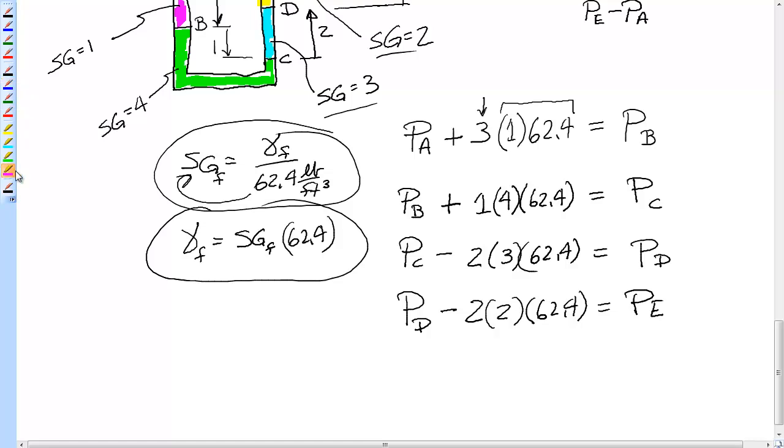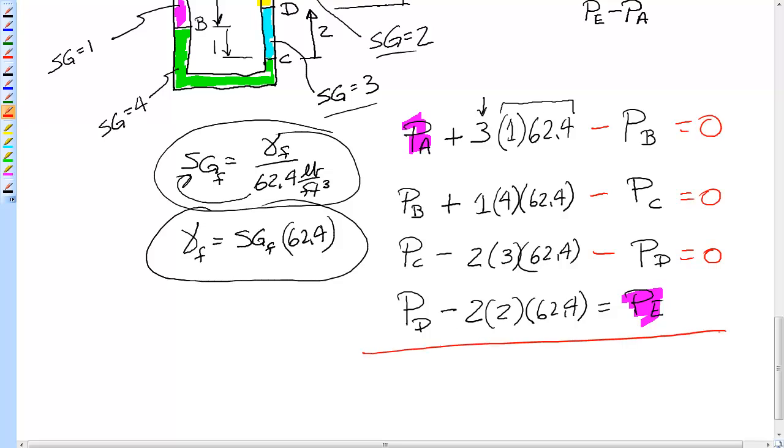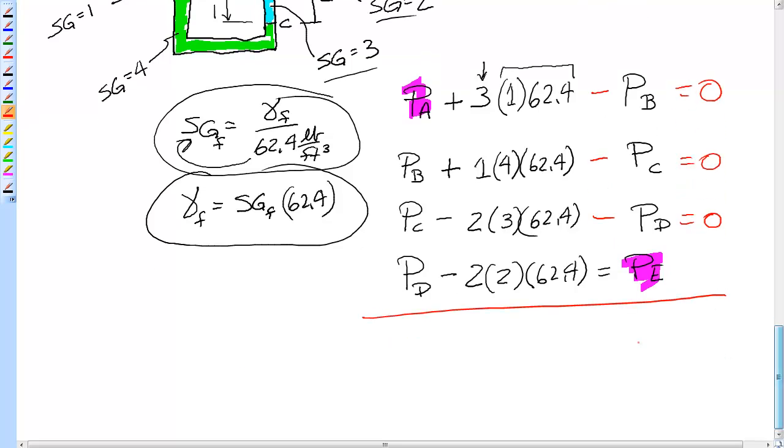You ended here, you started there. You can go through these equations, move the pressures over to the other side, add them up, and here's what you get.